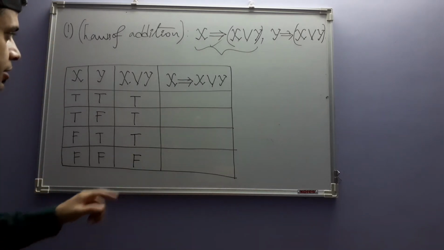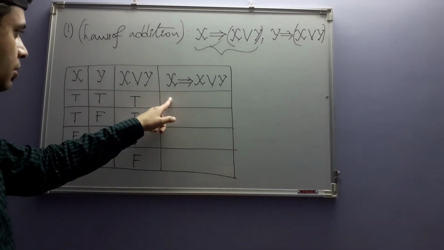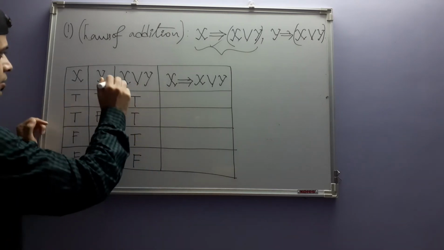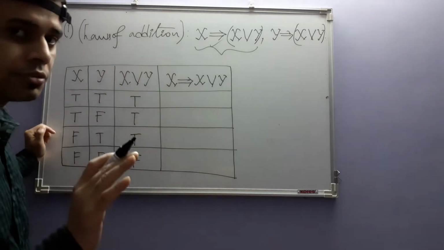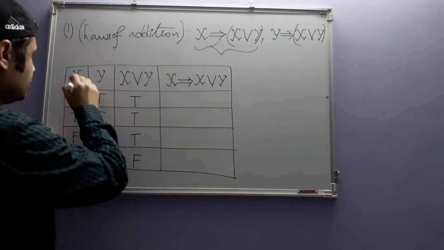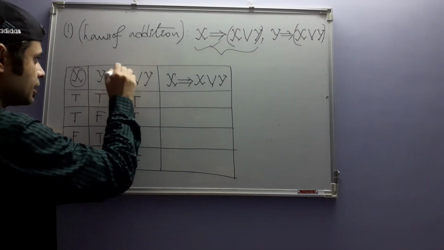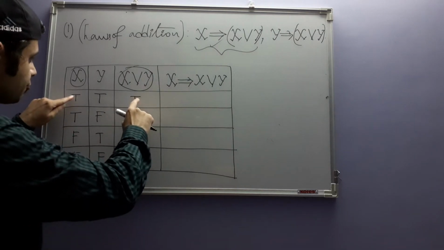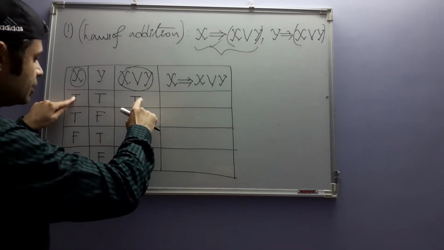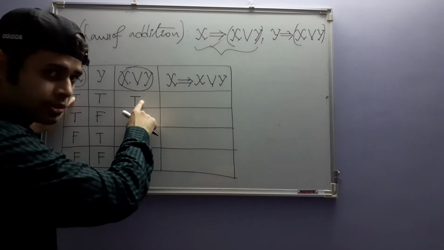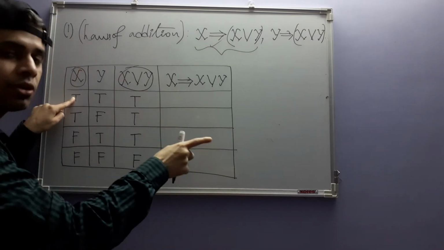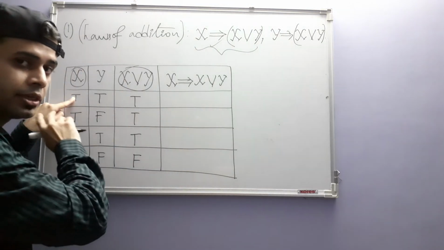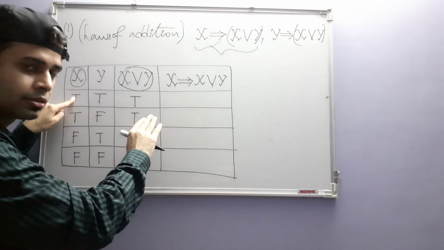Okay, now you look at this. Now we are dealing with an implication where this is our hypothesis and this is our conclusion. So from a true hypothesis, we can only have a true conclusion. I mean, we can have a false conclusion, but then the implication will be false.